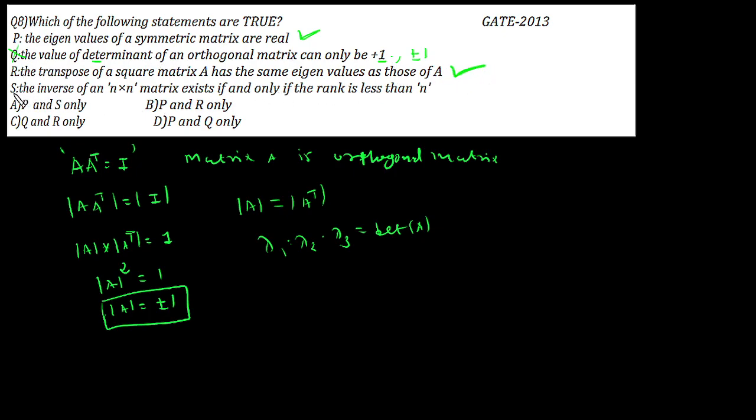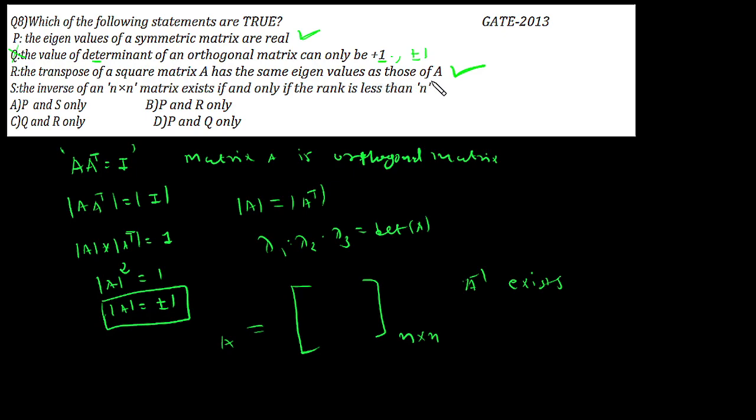So now let's also check statement S. S says that the inverse of an n cross n matrix exists if and only if the rank is less than n. Okay, we have a general matrix of order n cross n, let's call it matrix A. It is given that A inverse exists only if the rank is less than n.